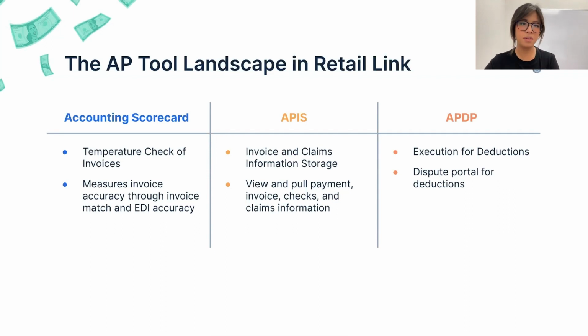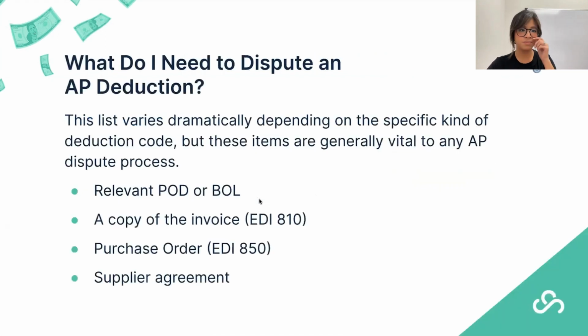We walk through APIS, so if you want to see what that looks like, you can check out some of our other webinars. And then APDP is the actual dispute portal. APIS is where you go in to see what your payments are and if you've got a deduction, and then you go into APDP if you think that deduction you received was invalid, and then you have to go and fight that particular deduction.